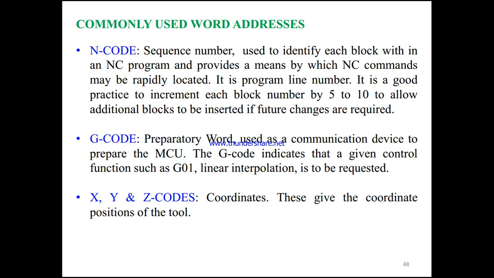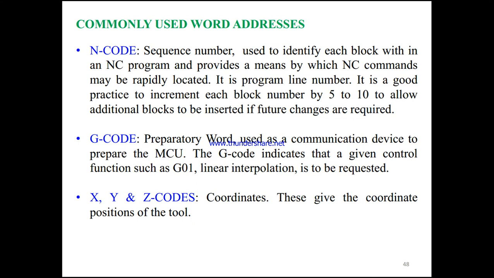It is a good practice to increment each block number by 5 or 10 to allow additional blocks to be inserted if further changes are required. So N codes, the sequence codes, are incremented by 5, 10, 15, 20 like this to allow for the insertion of additional blocks.